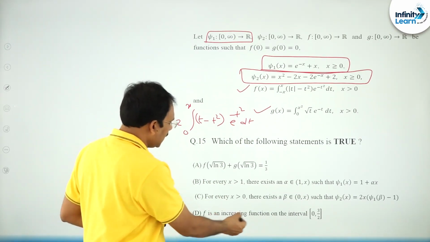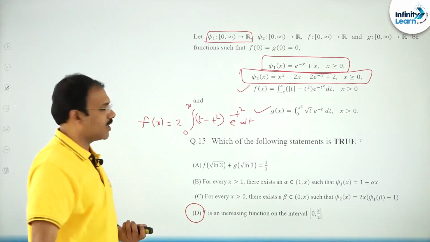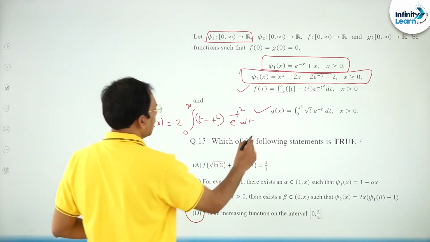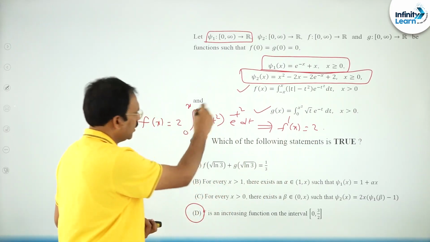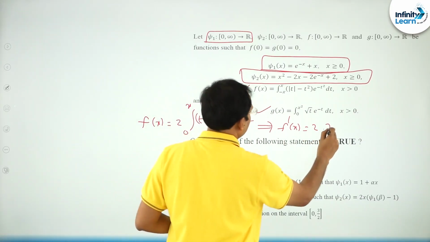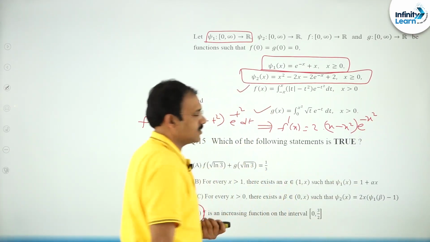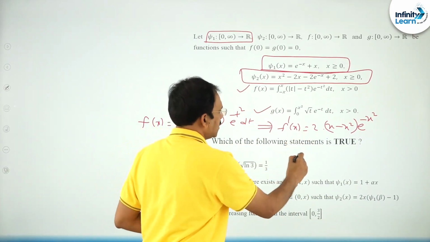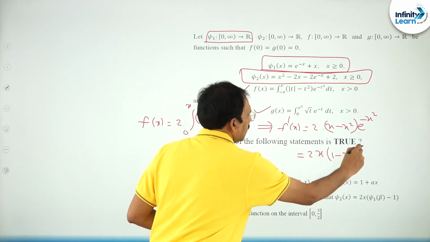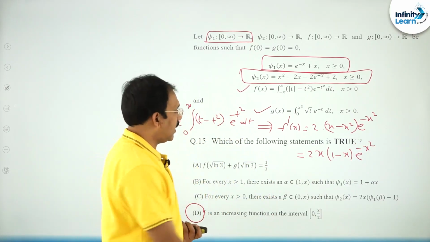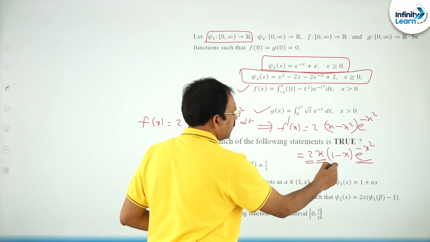Now, to check option D, whether it is increasing in the interval he is asking about, I just take the derivative and use the Leibniz formula. F dash x is obtained by substituting x: x minus x square into e power minus x square. So this is 2 into x into 1 minus x into e power minus x square. x is positive, e power minus x square is positive, 2 is positive.